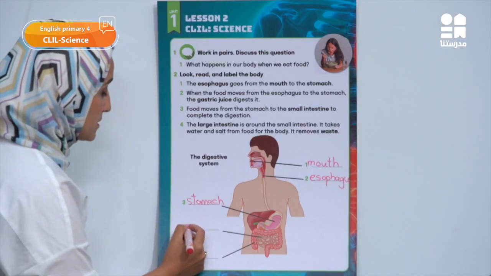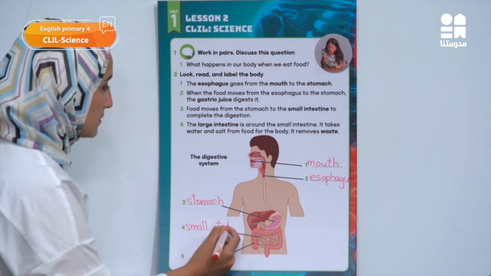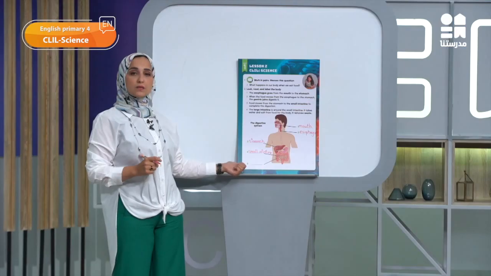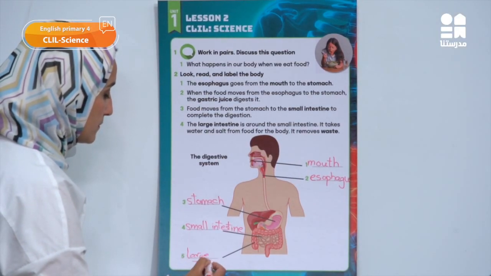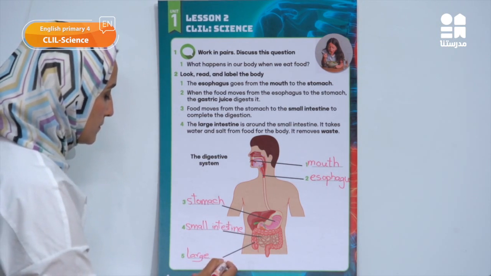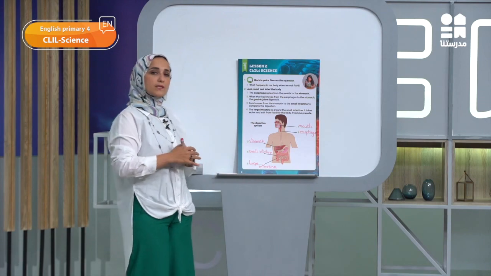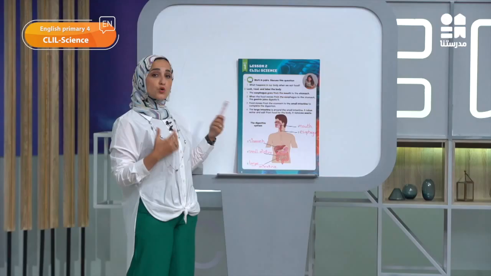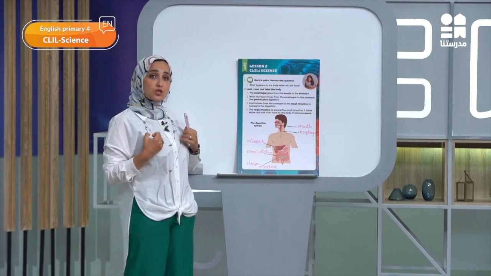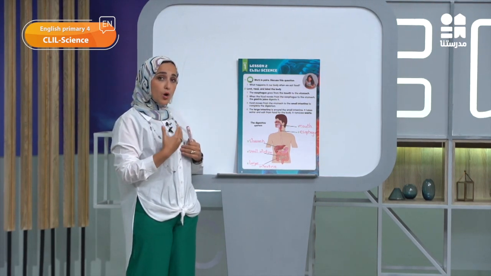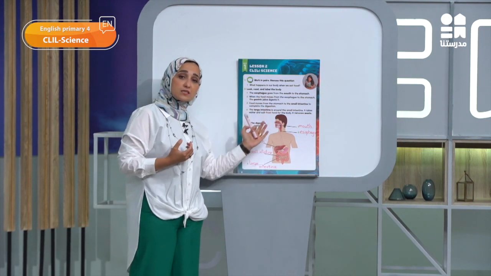Small intestine. Very good. Look at question number 1 and tell me, what happens to our body when we eat food? Yes, exactly, that's right. The food goes on a trip. It's going on a trip called digestion. This trip happens in the digestive system.